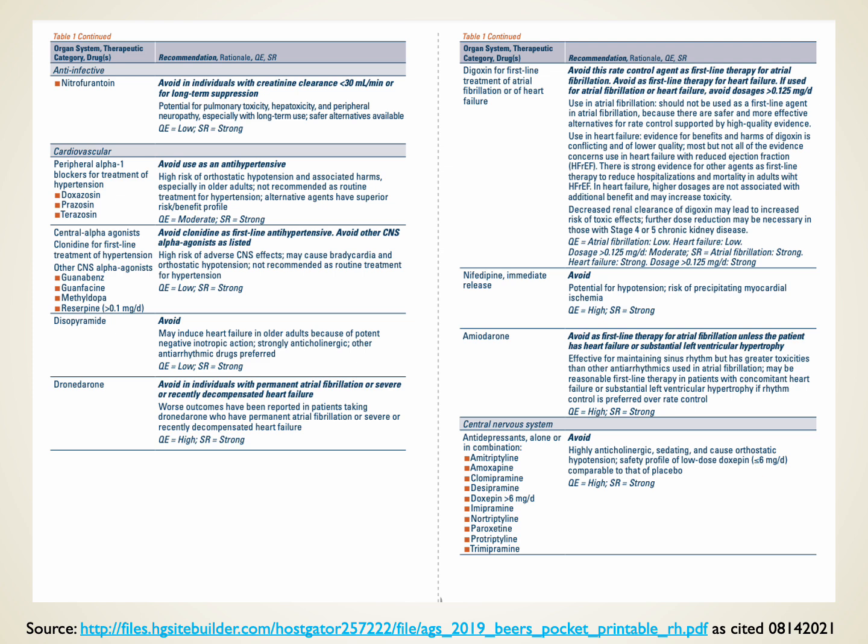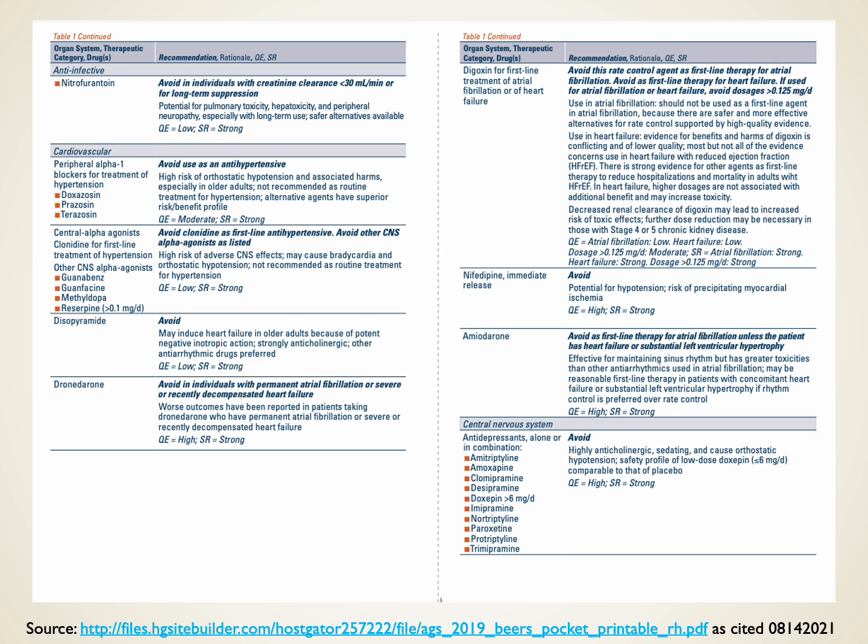Most patients, for example, in a nursing home, their creatinine clearance is typically below 60 and often below 30. And between 60 and 30, we generally try to limit nitrofurantoin because it may not work as well either. But a lot of patients with poor renal function won't get any benefit at all from nitrofurantoin.